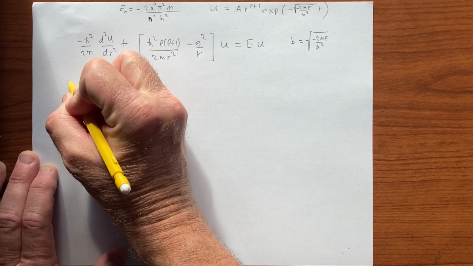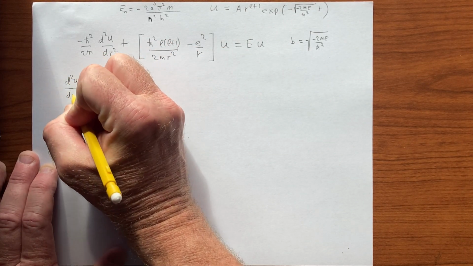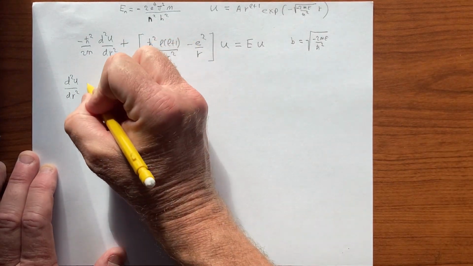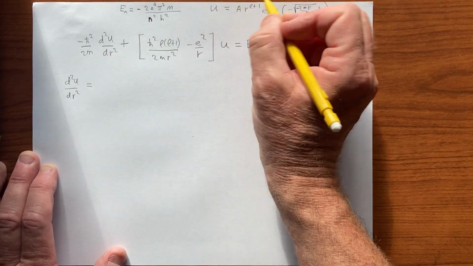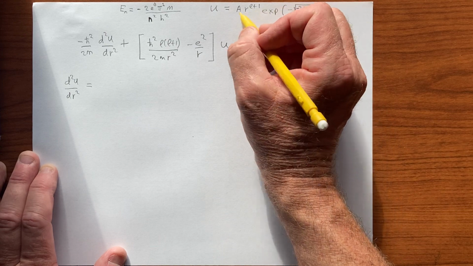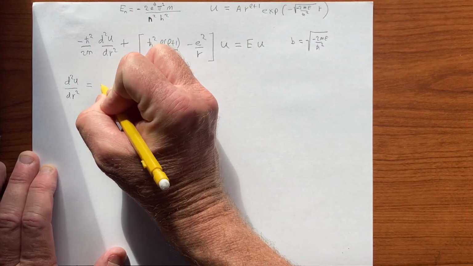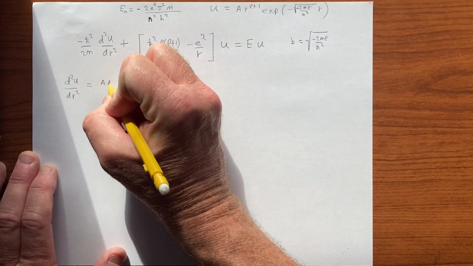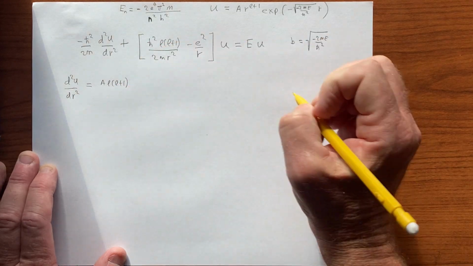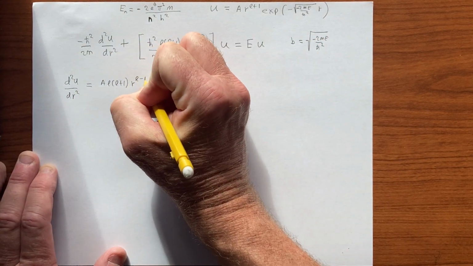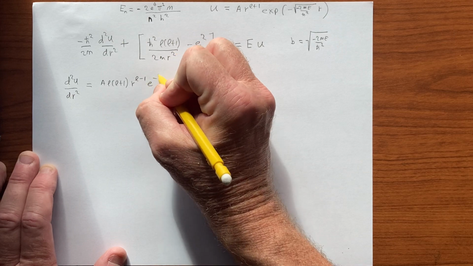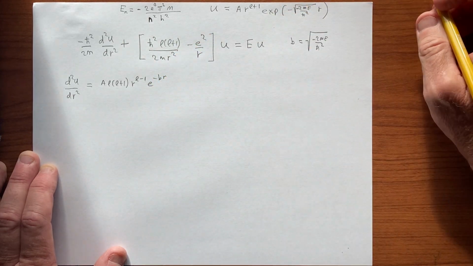So let's do the second derivative of u in r. All right, we have 2 terms that depend on r, so we will use the chain rule. First we get a times l plus 1, r to the l minus 1, and then we have e to the minus br that just goes along for the ride.